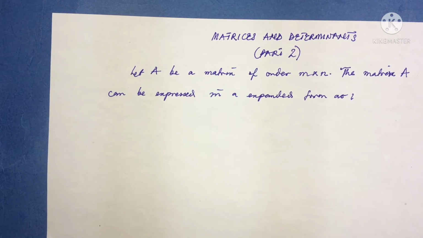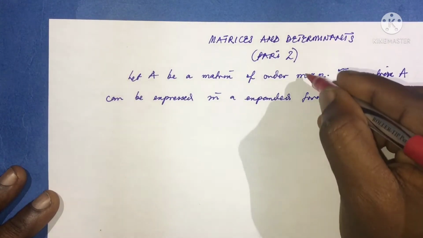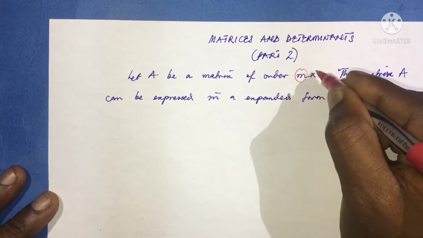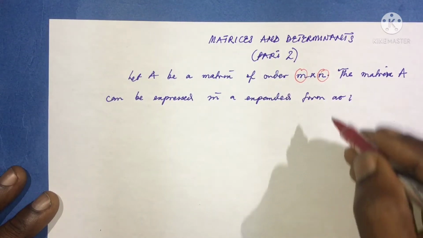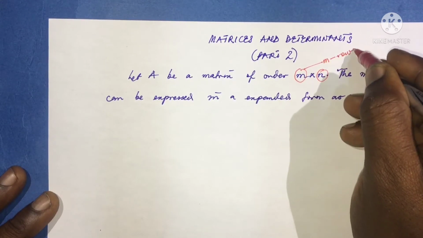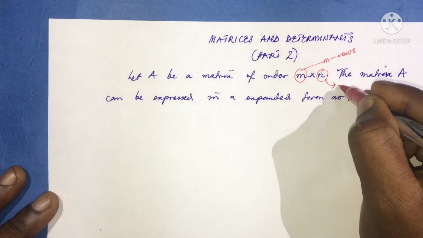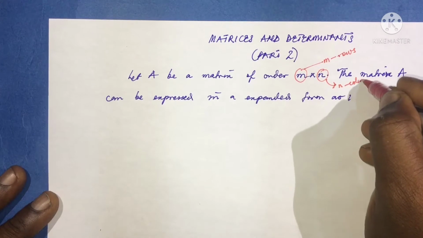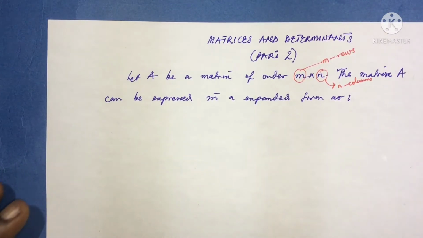So if we are told that this matrix is of order m by n, it means it has m rows but n columns.